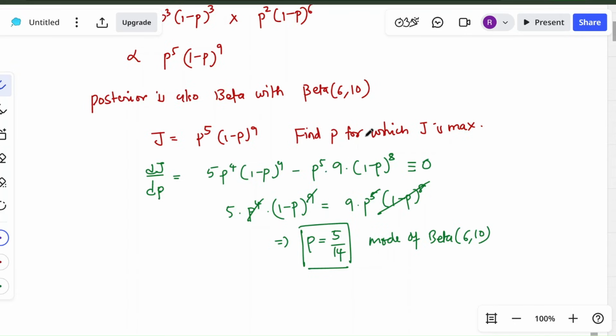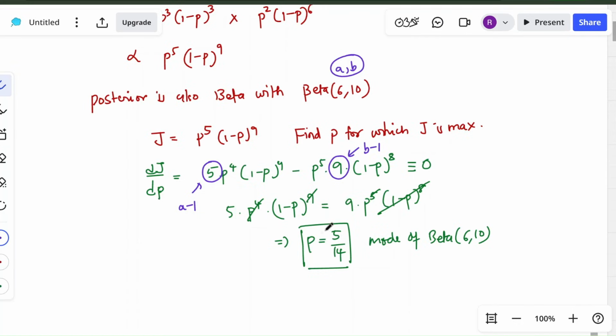But in general, if I have, let's say, alpha comma beta or a comma b instead of 6 comma 10, then what is the mode? Then you can see that this 5 would be nothing but a minus 1, right? And this 9 would be b minus 1, right?